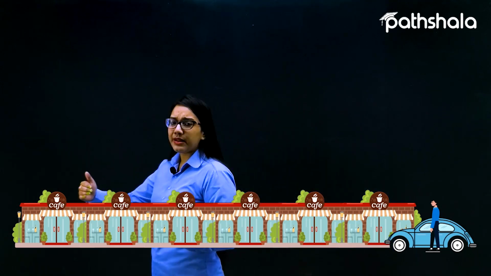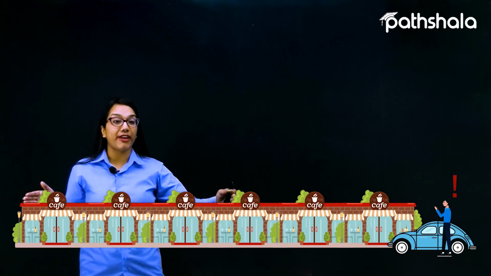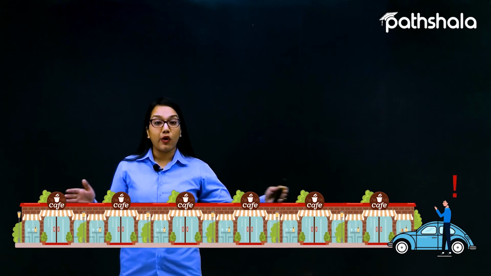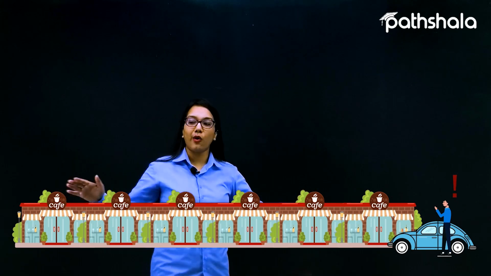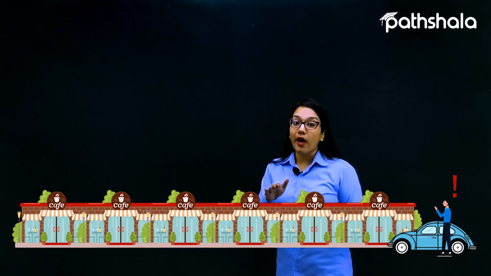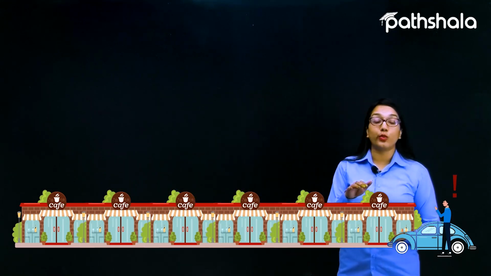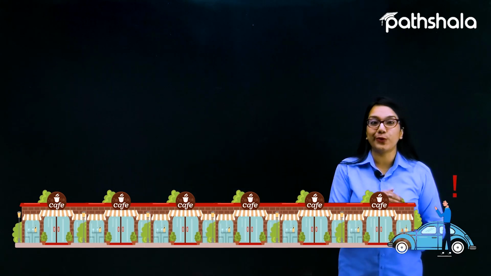So it was quite an impossible task for him to locate which one is his favorite cafe, because all of them are look-alike. As we can see over here, all these restaurants are similar to each other, and it is quite an impossible task to locate which one is his favorite restaurant and from where he wanted to buy the coffee.